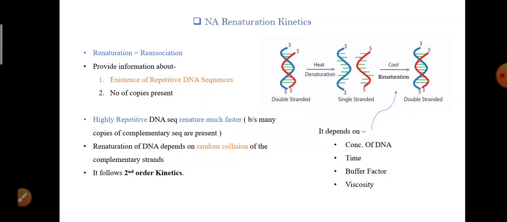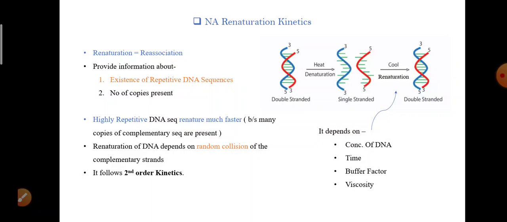After that, if we cool it or pull back the heat, we get it renatured, or double stranded DNA. And this renaturation process will give you two main pieces of information: the existence of repetitive DNA sequence, and the number of copies present in the genome.